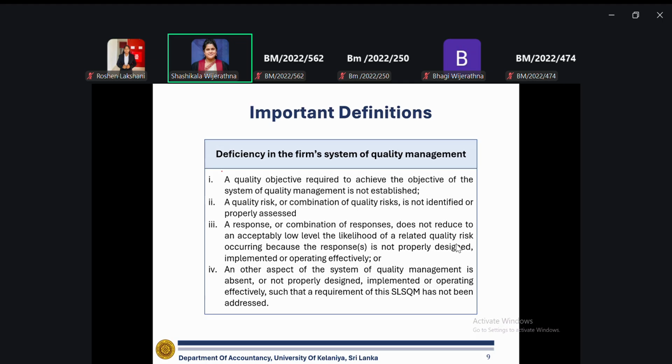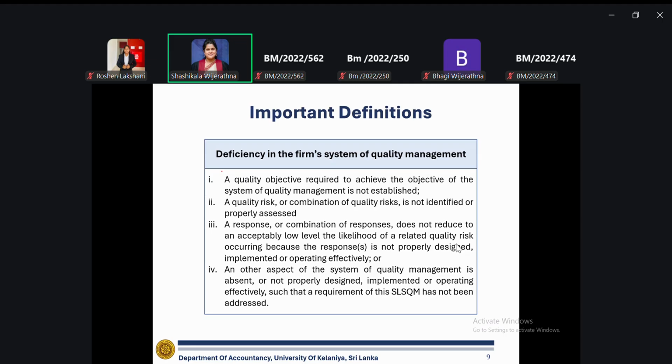I'll be taking that later on. What are the components of the quality management framework? So remember, the quality objective is actually a particular outcome in relation to the components of the system to be achieved by the firm.